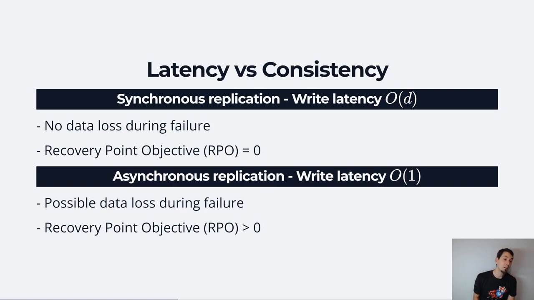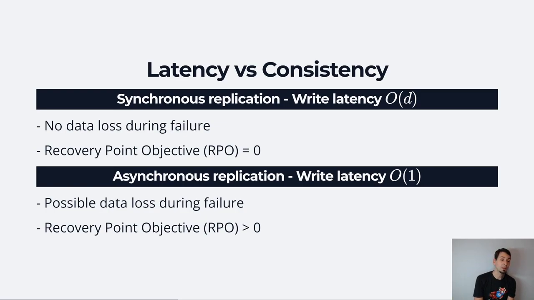On the other hand, asynchronous replication works the other way, so that the main region doesn't wait for the remote region to acknowledge the write. This way, with synchronous replication, the lower bound for the write latency is dependent on the network delay, whereas for asynchronous replication, the write latency is independent.